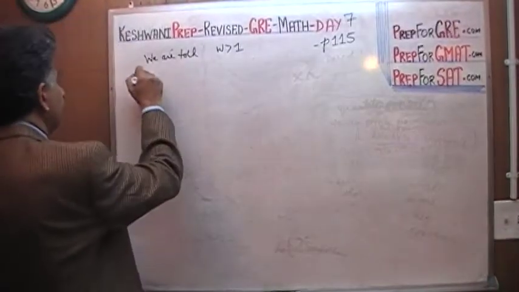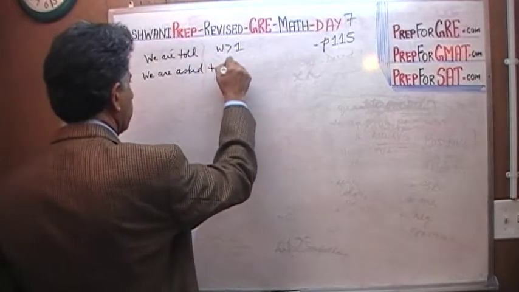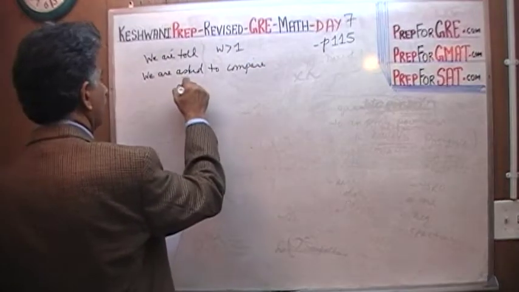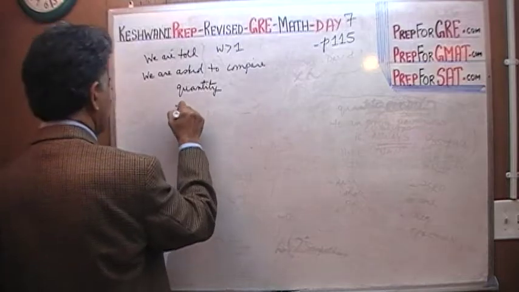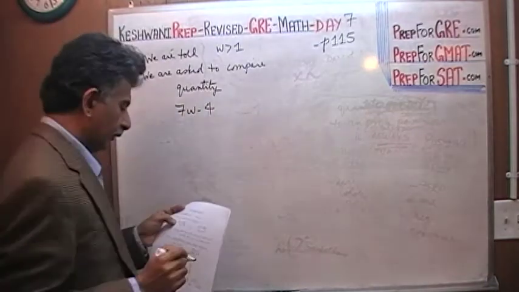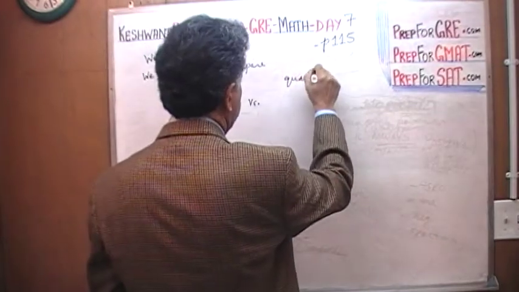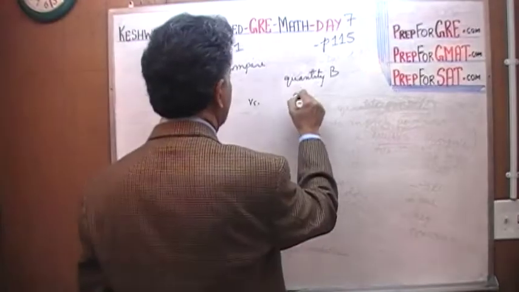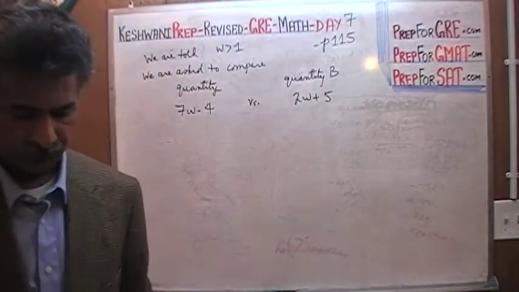And we are asked to compare quantity 7W minus 4 versus quantity in the second column, which is 2W plus 5.